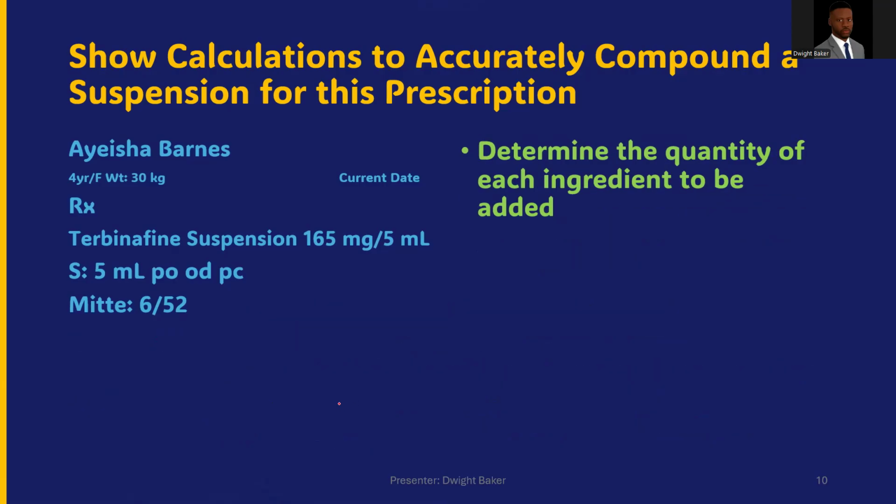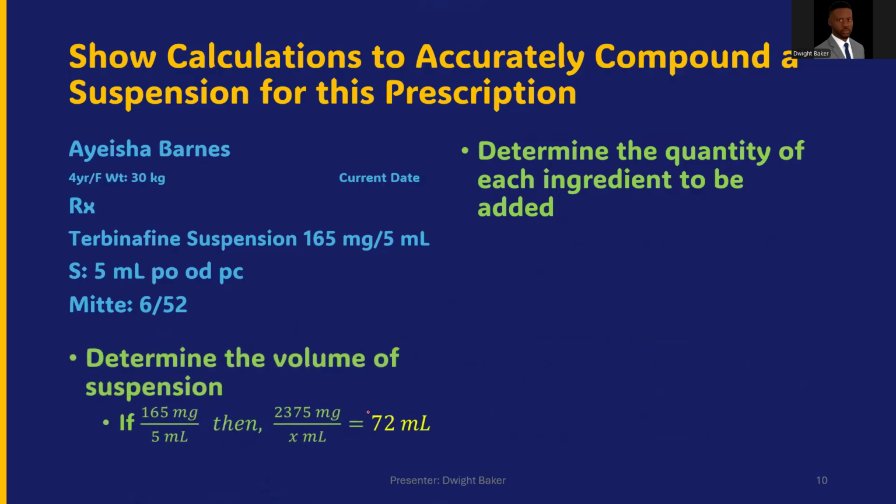Now, I need to first determine the volume of suspension that I'm going to be making up. All right. So what does that 19 tablets that I'm going to be using equal to? So that is 19, multiply that by 125 milligram, and that is equal to 2,375 milligrams, right? So now how much suspension am I going to put this into?